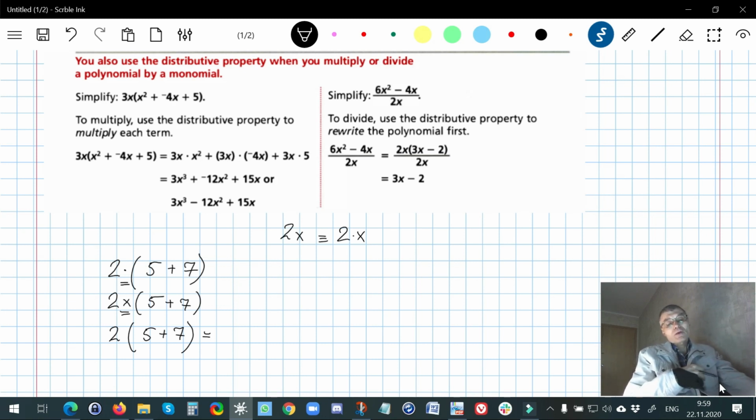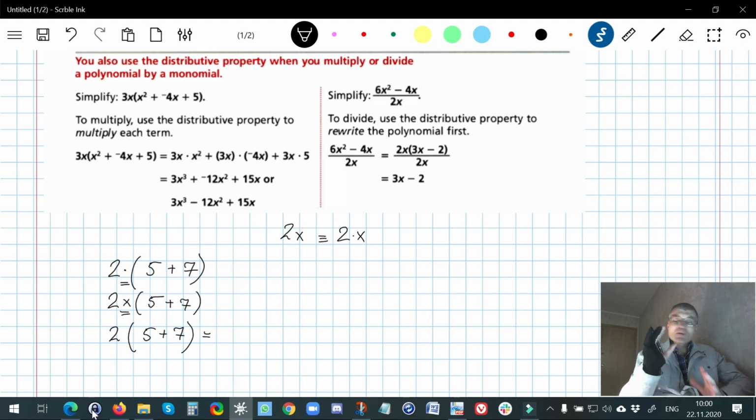We know that when we encounter multiplication and addition, first we perform multiplication, then we perform addition. But here, with a set of parentheses, the order is changed. First we have to perform addition and then multiplication.